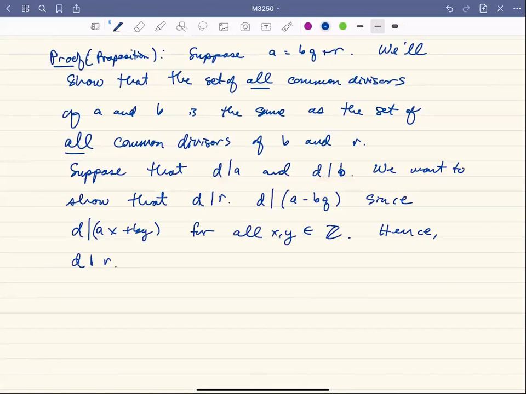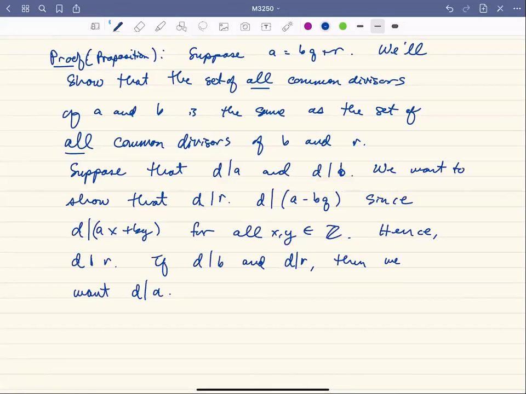So that's already half the proof, because what this says is that if you have a common divisor of a and b, that's also a common divisor of b and r. On the other hand, if d divides b and d divides r, then we want to show that d divides a.